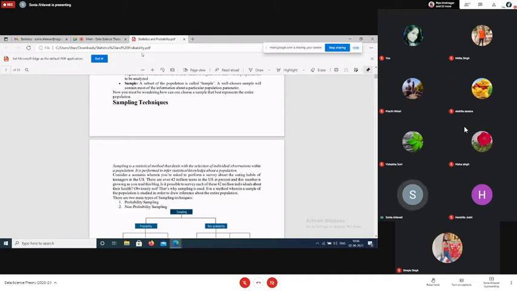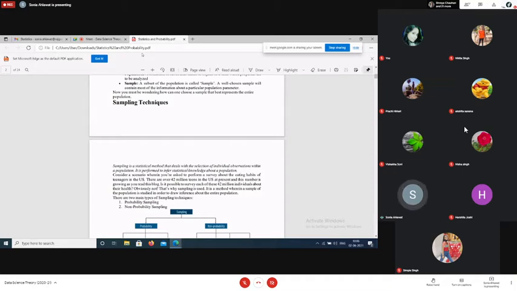Then it is called sampling. For example, I have a population of male and female, and I am more interested in something related to females. So now I'll count the females. The subset of the whole population was female. That is called a sample, and doing this process is called sampling.